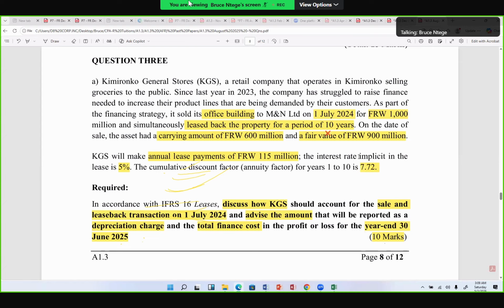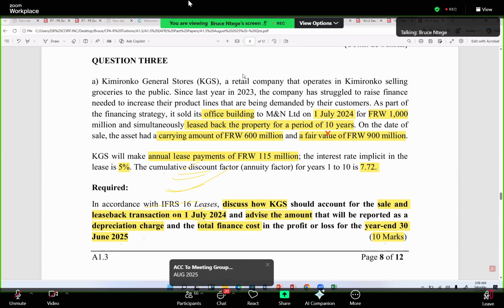So you can get the present value of the future lease payments using this. Recall that in this question, they've not given you the present value of the future lease payments. They want you to calculate it. Rare. Most cases, they'll give it to you. Here, they want you to calculate it, and they don't want you to struggle calculating it. They want you to actually get that 7.72 times the 115 you're going to pay annually, and that should give you the present value of the future lease payments.